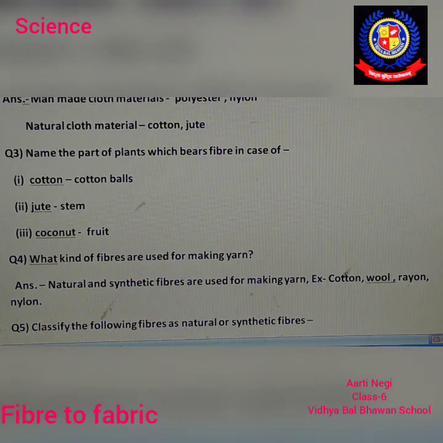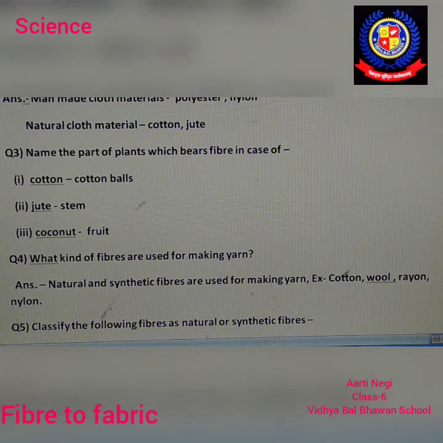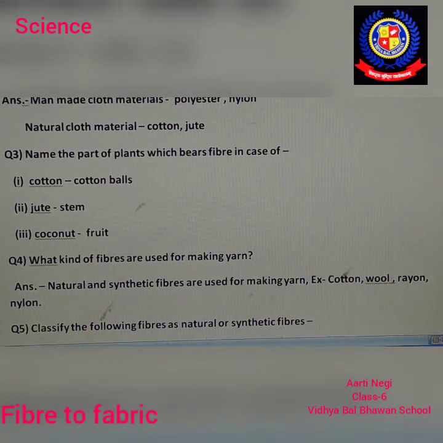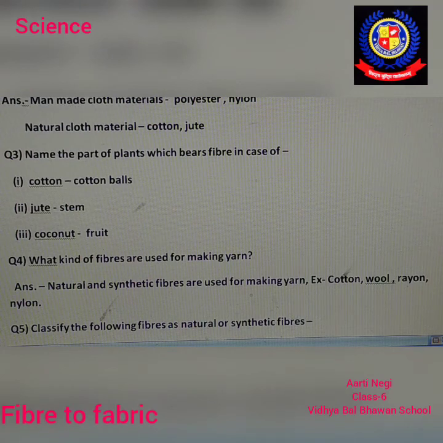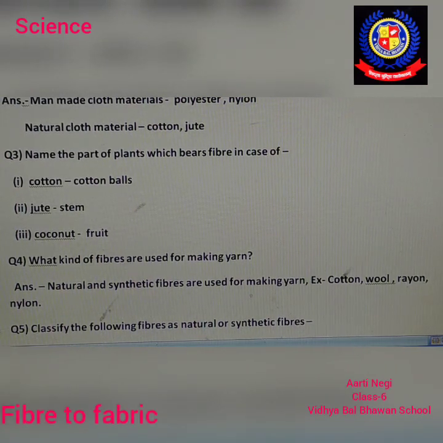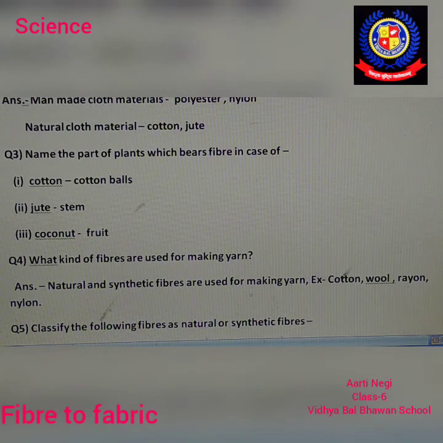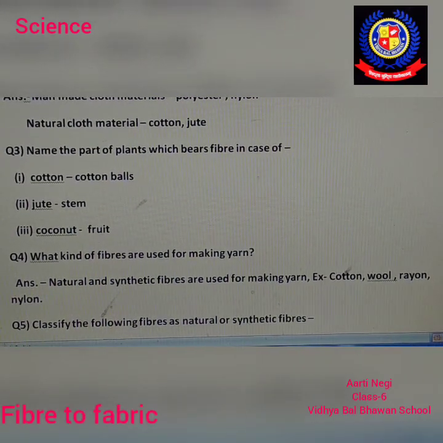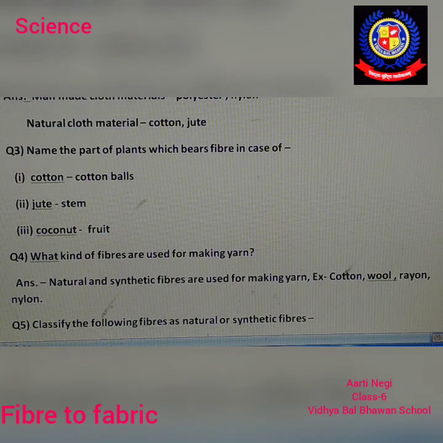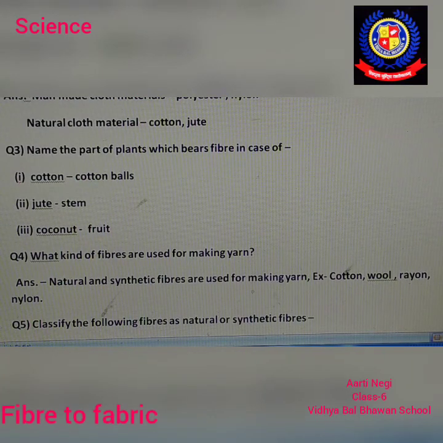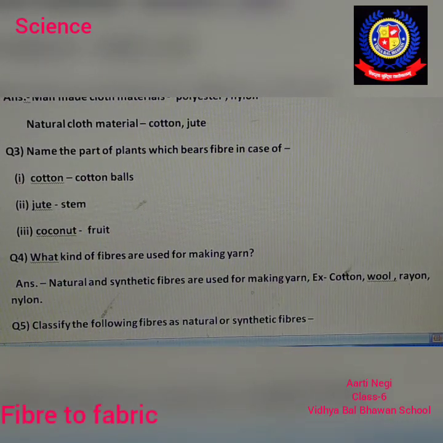So where do we get cotton from? We get cotton from cotton balls. Second one is jute, and jute we get from the stem of the plant. Third one is coconut, and the coconut fiber's name is coir, and we get it from the fruit, that is the coconut fruit.